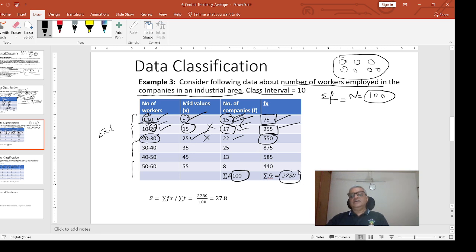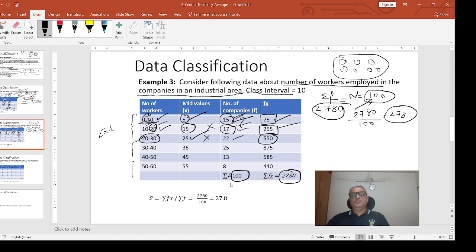Like this, I get a total of 2,780 employees employed by 100 companies. And all that I have to do is divide 2,780 by 100, which gives me 27.8.